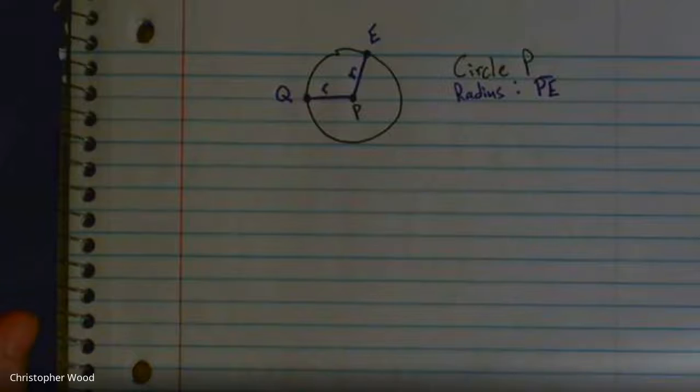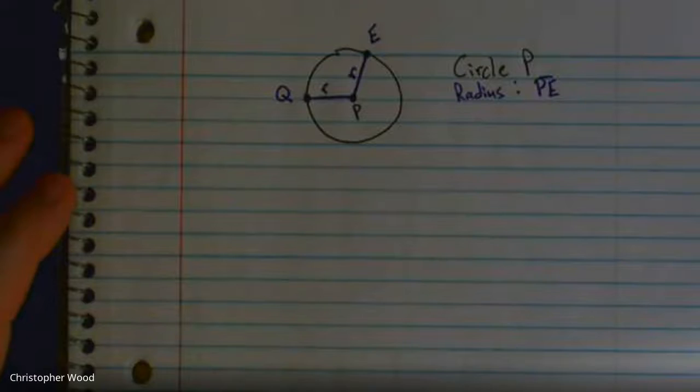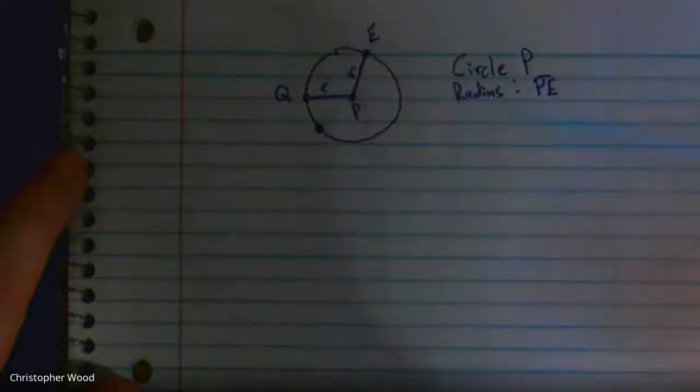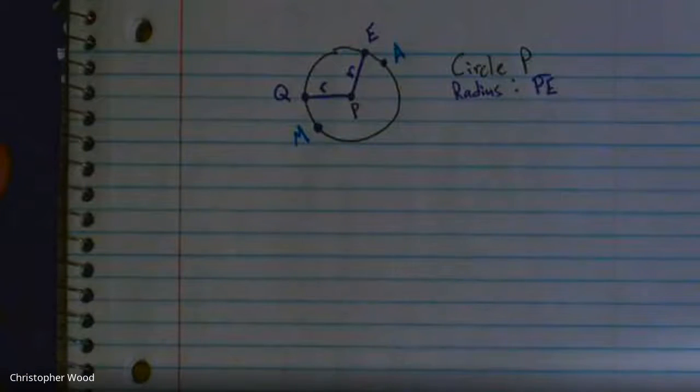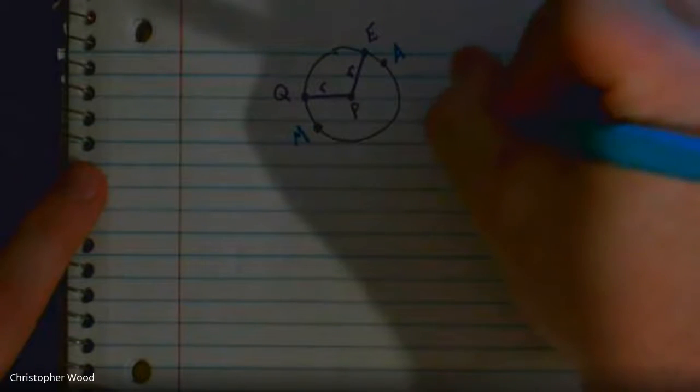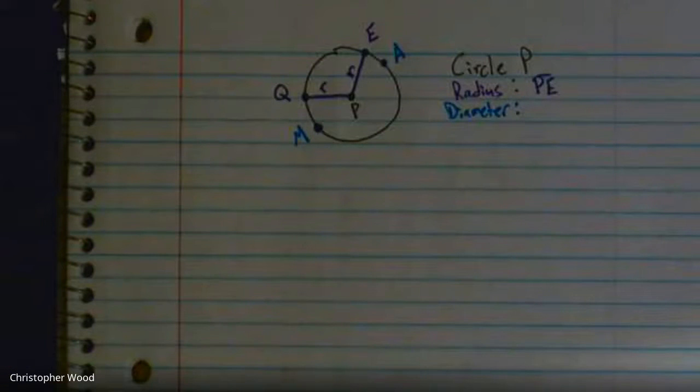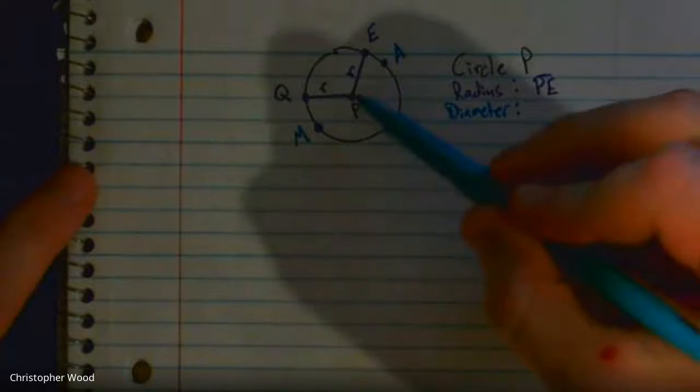The diameter, another key vocabulary word that many of us are familiar with. A diameter is a line that crosses all the way through the circle from one point on the edge of the circle to another. So let's say I had point M, and I have point A. So our diameter, in this case, would be M to A. But what's key about the diameter and what's extremely important is that it does have to cross through the center.